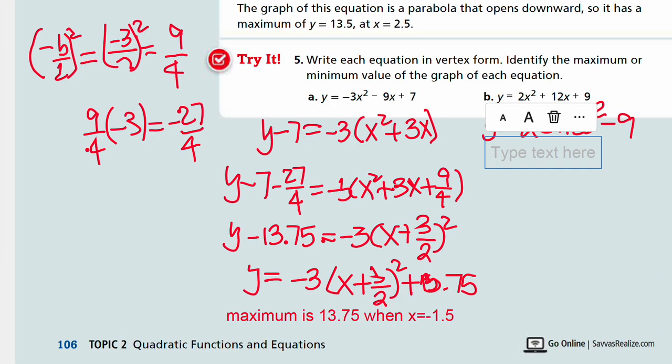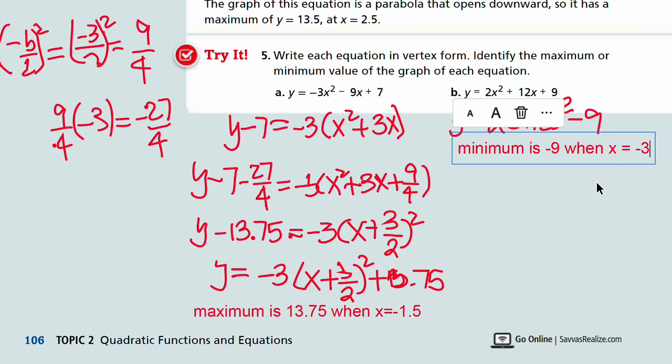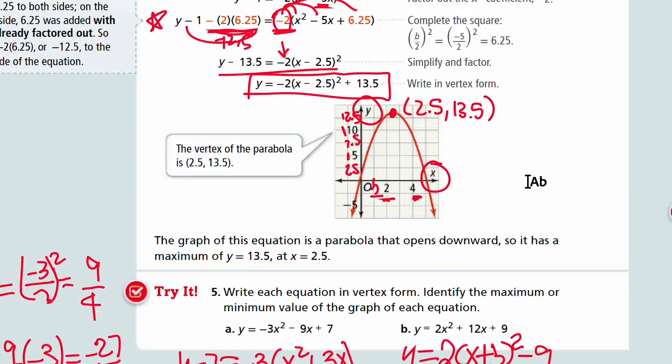And your minimum, this is going to be your minimum, is -9 when x is equal to -3. Okay, so that was try number 5. Please check your answers and see if you got it correct. If you did, good job. That was example 5, try number 5.